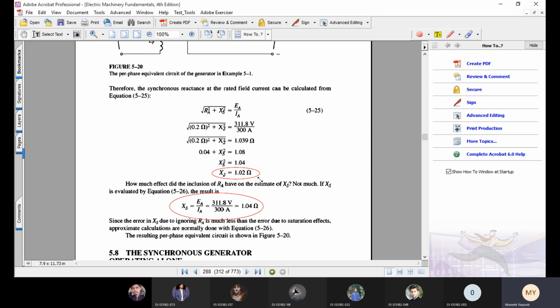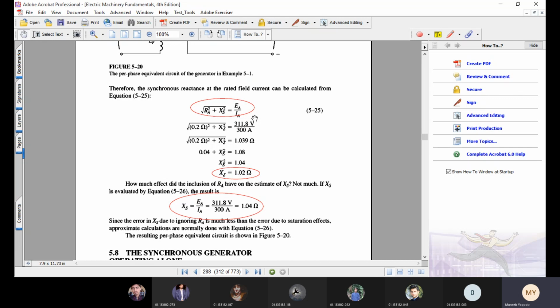Here the approximate answer is 1.04, computed directly by dividing EA by IA, while the exact solution came from first calculating the armature resistance and then putting it into equation 5.25 to get the exact value of synchronous reactance XS. But we can easily compare that 1.02 and 1.04 are quite close to each other. There is not much difference between the two values.